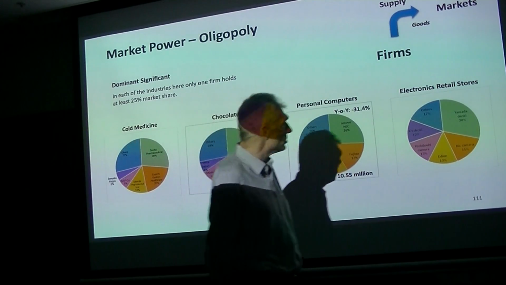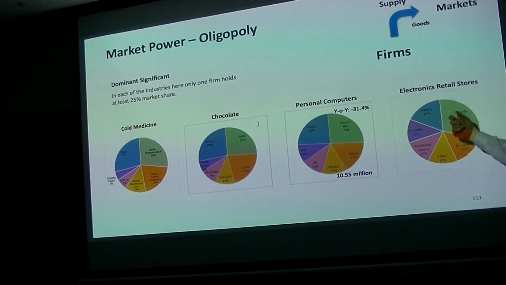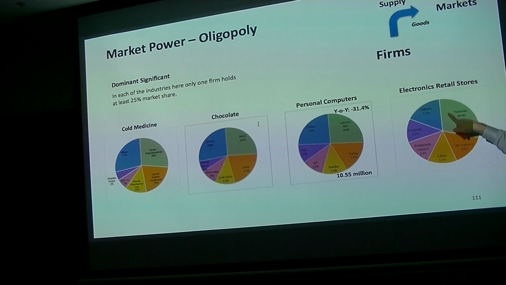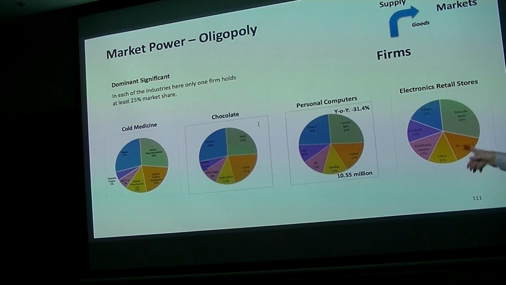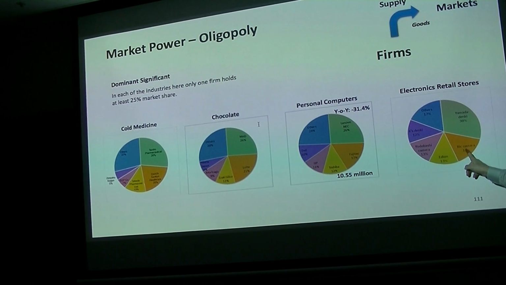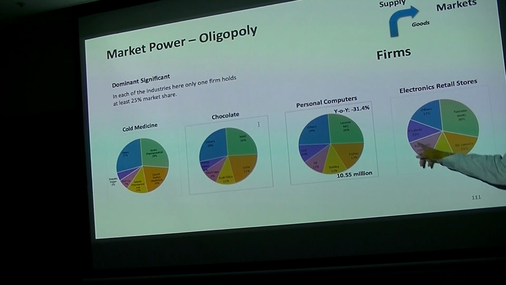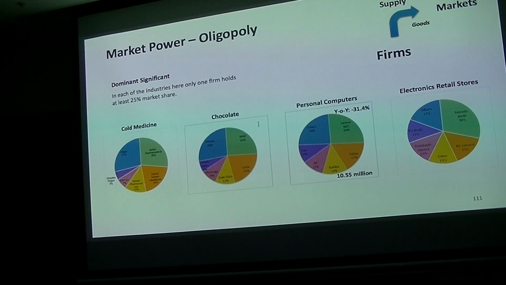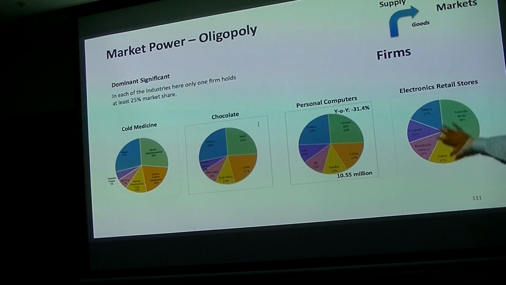Electronics retail stores, very competitive. You'll see this is the retailing in this country. This kind of mass market retailing tends to be pretty competitive. Yamada Denki is 30%, but once you get below that, the biggest is 15%, Bic Camera. These are all pretty similar, a very competitive market. It's a lot of competition out there in the electronic retail stores.